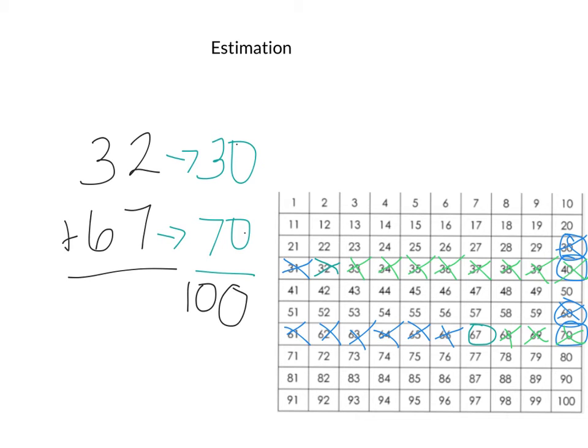Now I go back and solve my problem. 7 ones plus 2 ones is 9 ones. 6 tens plus 3 tens is 9 tens, 99. My real answer is one number off of my estimated answer. That means this problem is probably correct.